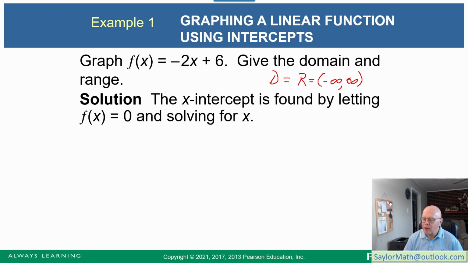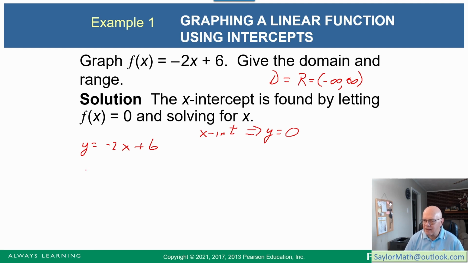Now, what about the intercepts? Well, I'm going to write this function down here, and I'm going to write it with the y just to make things a little bit easier. So there's our function with y notation. If you want the x-intercept, remember, for the x-intercept, let the y be 0.